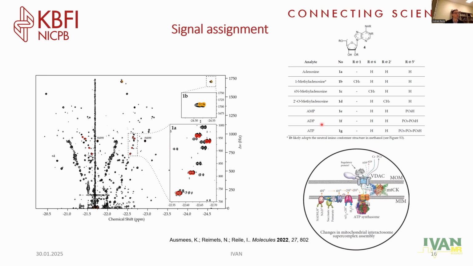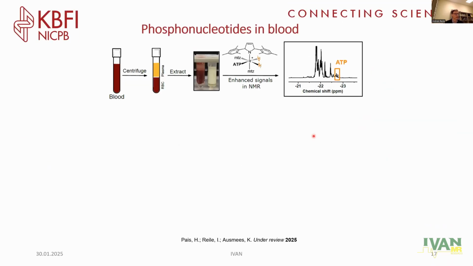So we proved here that we know where they are in the spectrum, and they can be detected with this methodology. And thought, how hard can it be? And this actually turned out to be hard enough to take at least a couple of years to figure out. But at least now it's finally under review.